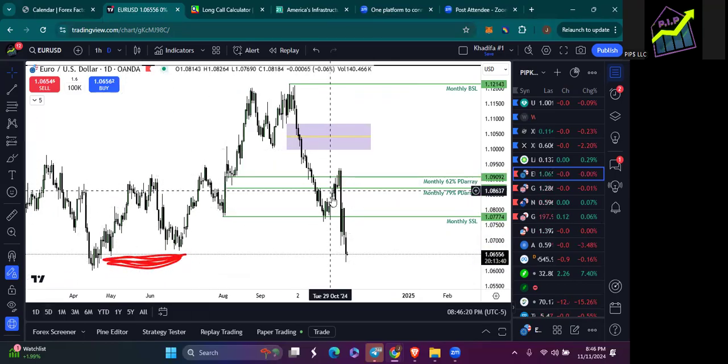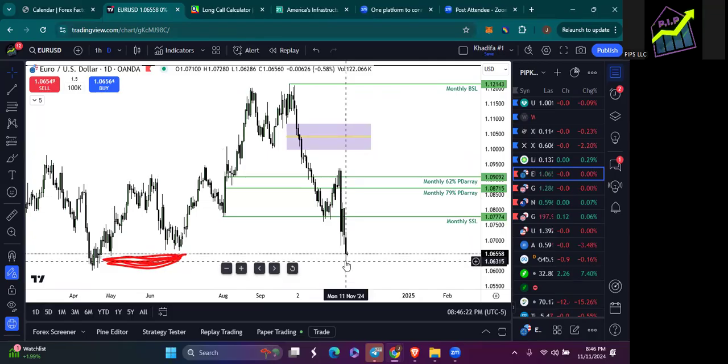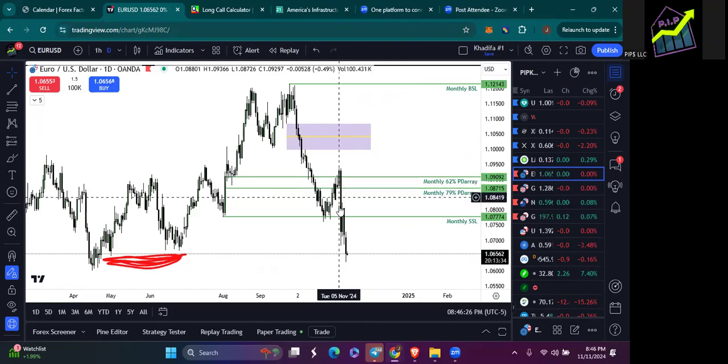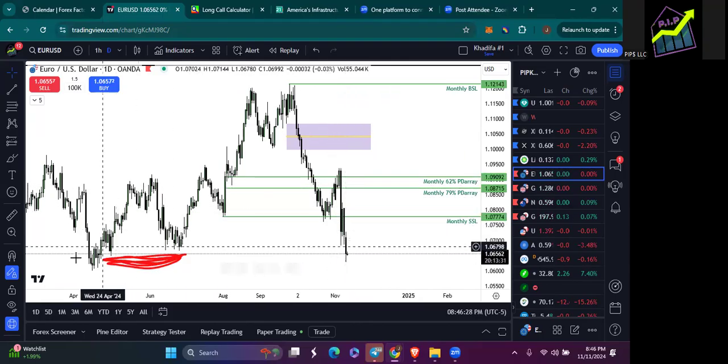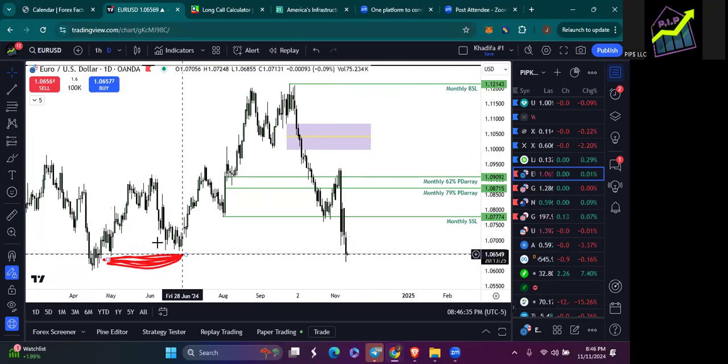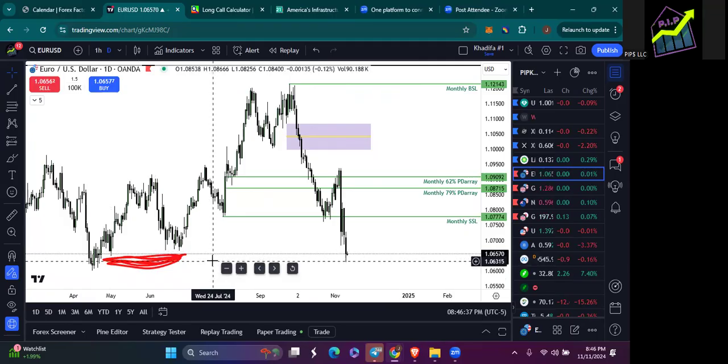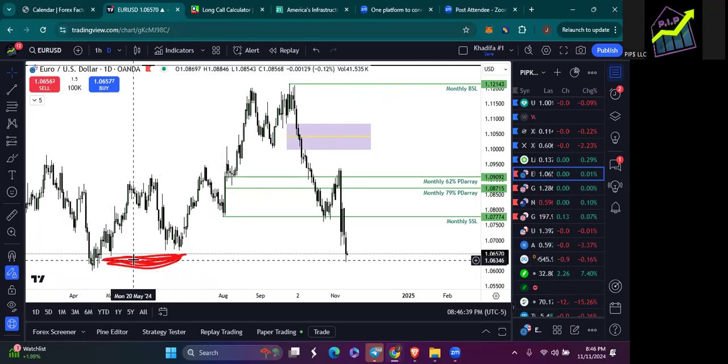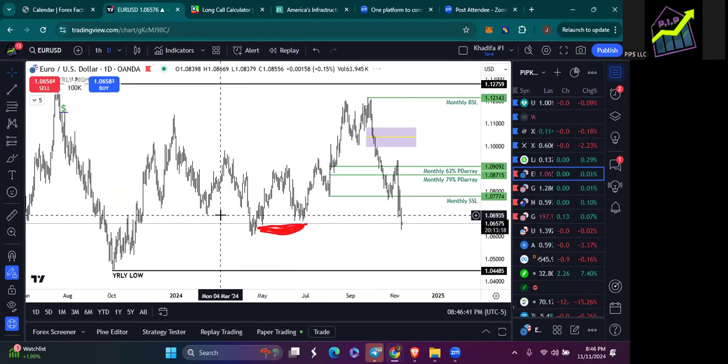I told you guys that I wanted to see the dollar run up to that pool of liquidity that I just showed you, and that I expected Euro USD to run down to this pool of liquidity here that I have identified on the chart. So we can see Euro USD is already down into that level.